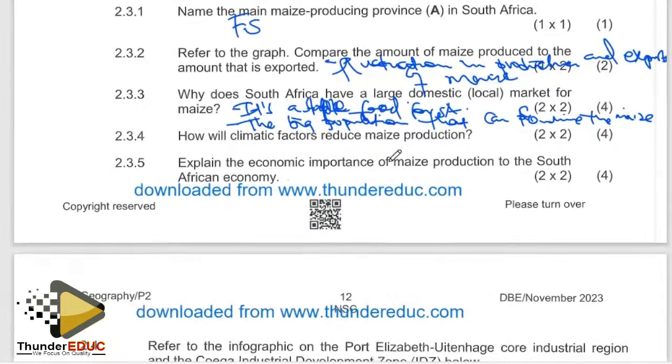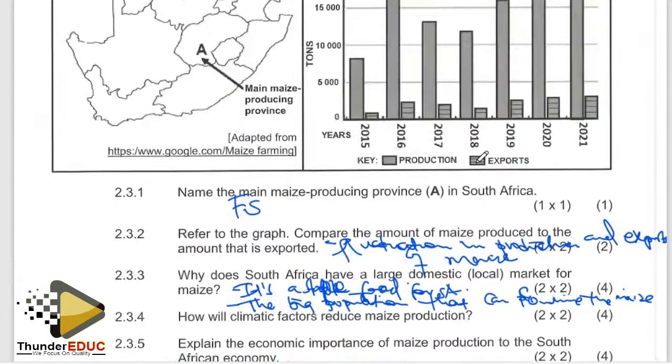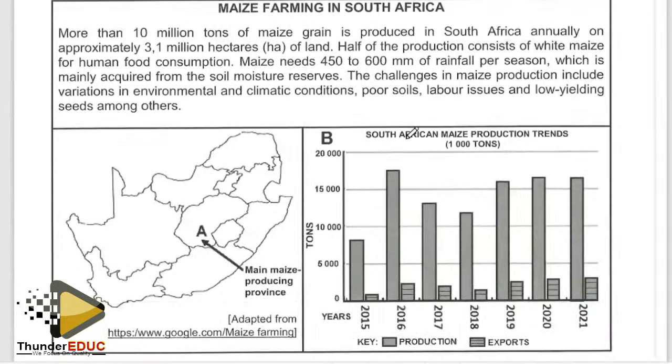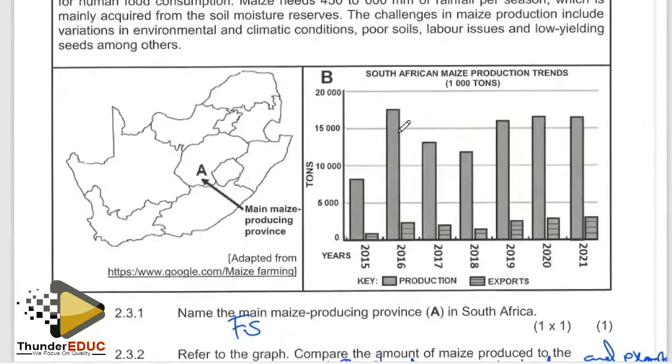How will the climatic factor reduce maize production? We look at which climatic factors we have. We have here variation in environmental and climatic conditions. Those are climatic factors.